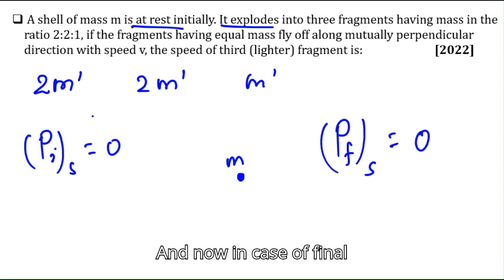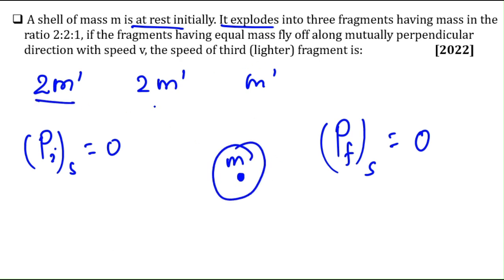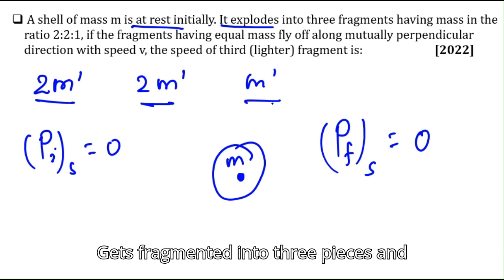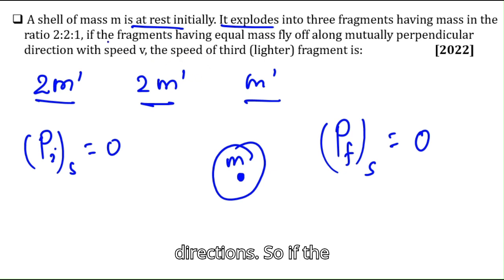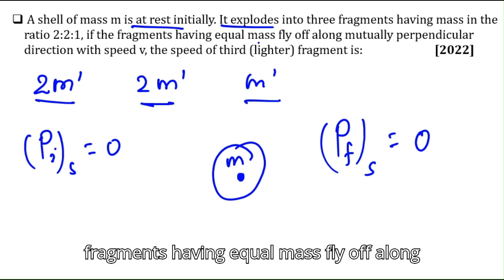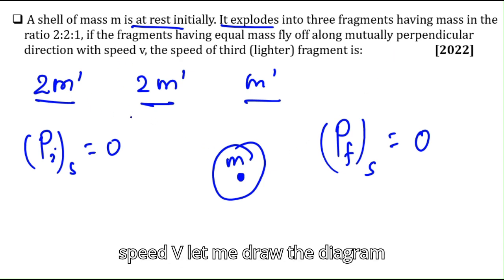And now, in the case of the final system, what is happening? This cell gets fragmented into three pieces, and these three pieces are moving along some directions. So if the fragments having equal mass fly off along mutually perpendicular directions with a speed v, let me draw the diagram for this.